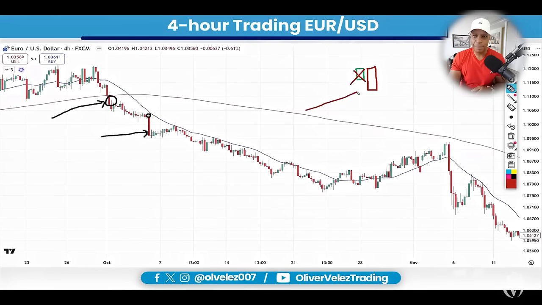That's a color change play. Boom! What's your color change play right here? This color change is off of the, I mean, not the 200, the 20. Off of the 20-period moving average. This elephant bar is off of the 20-period moving average.